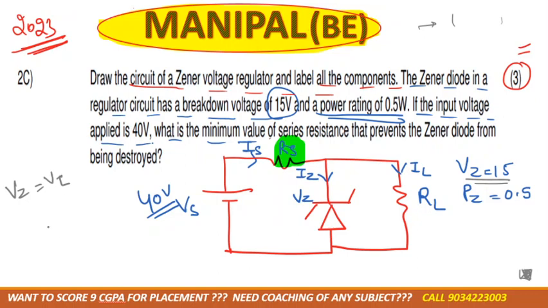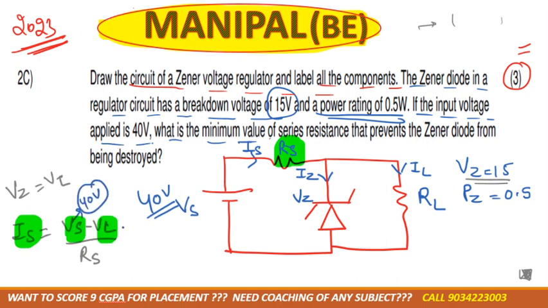That is I_S is equal to V_S minus V_L divided by R_S. Correct? So we should know I_S, we should know V_S, and we should know V_L. V_S is how much? 40 volt, right? V_L is how much? 15 volt, because V_Z is equal to V_L.